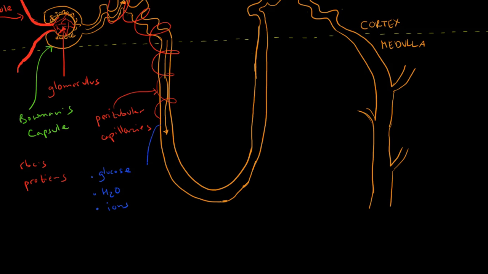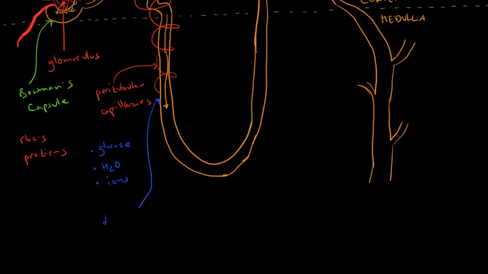There is this part right here, that is the descending loop of Henle. And over here, where the filtrate will go up, is the ascending loop of Henle.